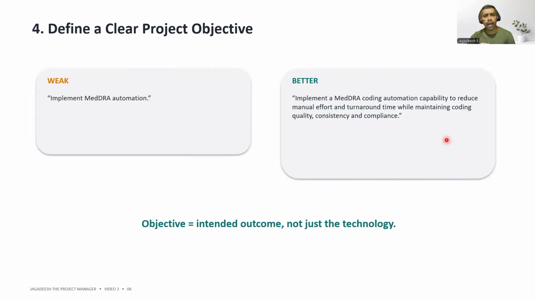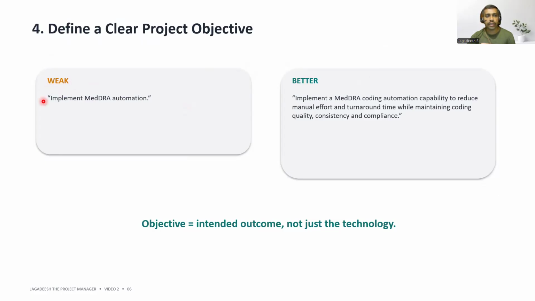I have learned to separate the solution from the objective. If I say implement automation, I am describing what we build. If I say reduce manual effort and turnaround time while maintaining quality, I'm describing why the project matters. So that is what the objective should be.